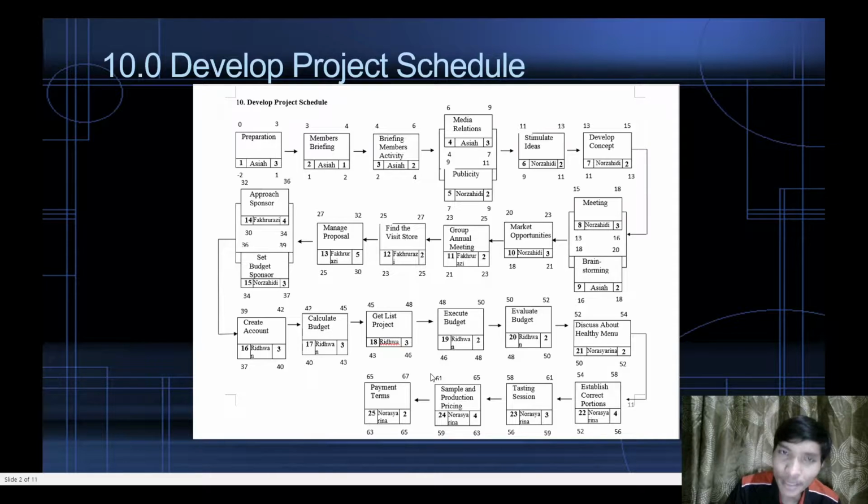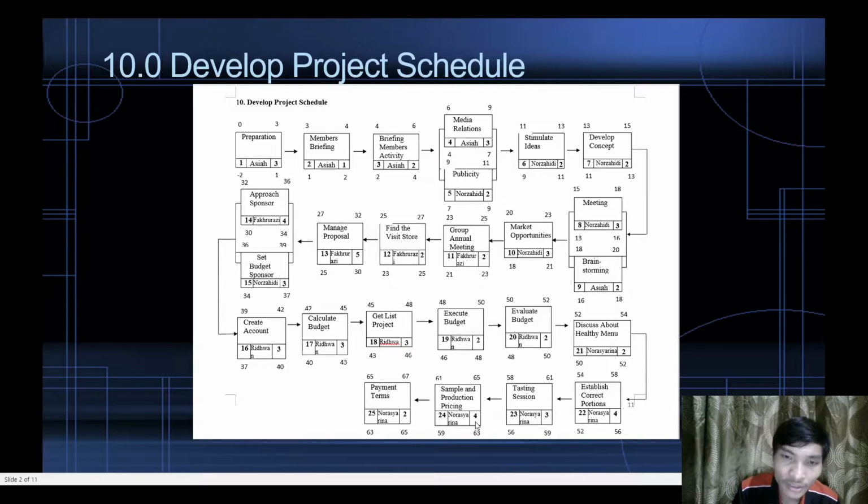So the estimate of project to complete, which is 65 days minus 2, will get 60 days. Then for the 24th activity, which is sample and productions pricing, handled by Nur Asharina, 60 days continuing from 25 days minus 4 will get 59 days.